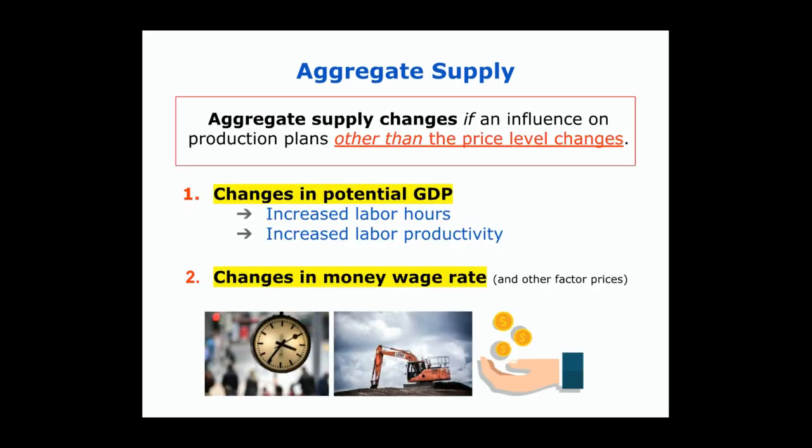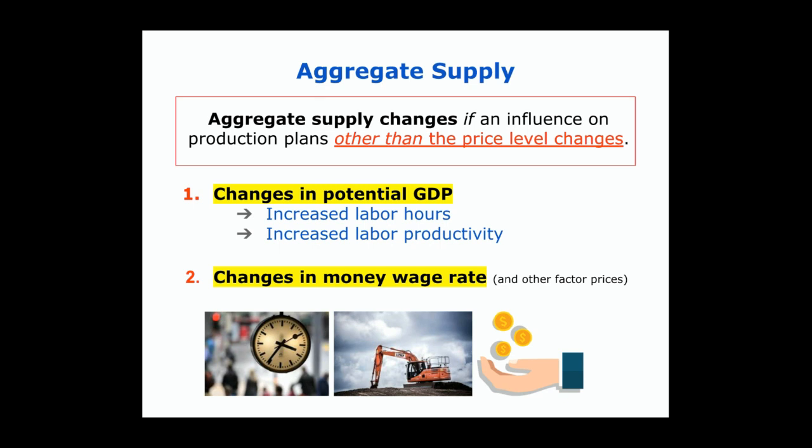Now, aggregate supply will change because of a number of reasons. We know that if the price level changes, then we'll have a movement along the aggregate supply curve, but the curve itself doesn't move. What will cause the curve to move? Well, if we have a change in potential GDP. That can happen because we have more labor hours being worked in aggregate, or we have the same number of hours being worked, but people are more productive because of technology or some other reason.